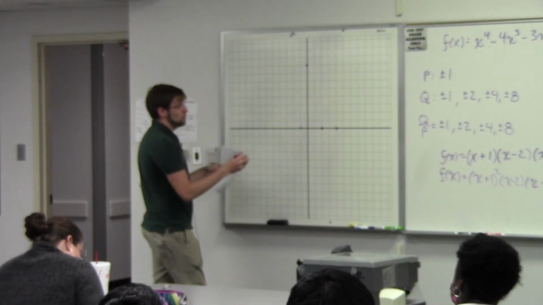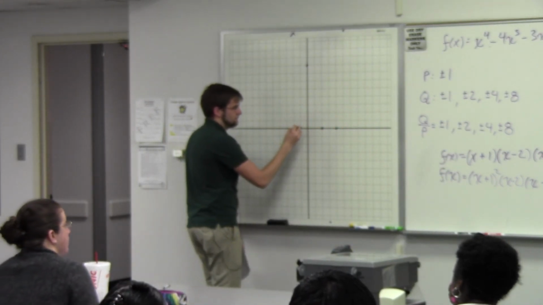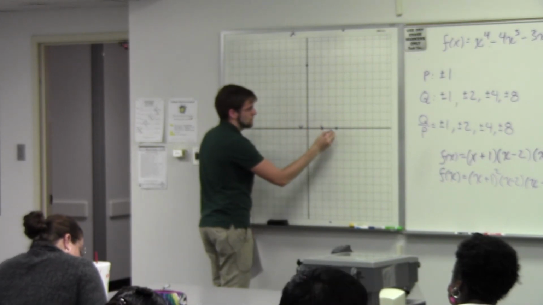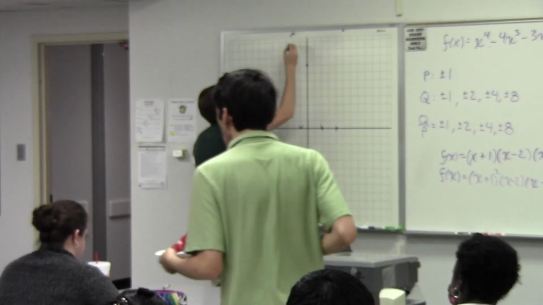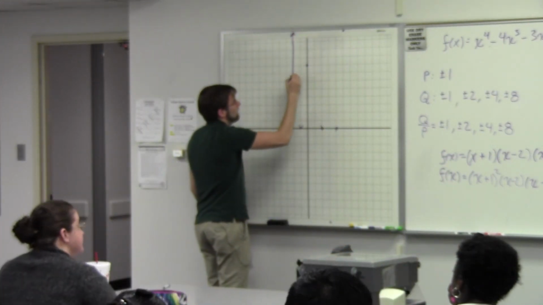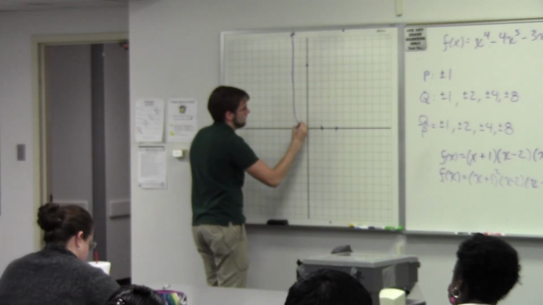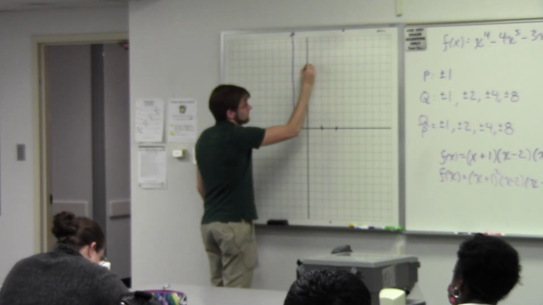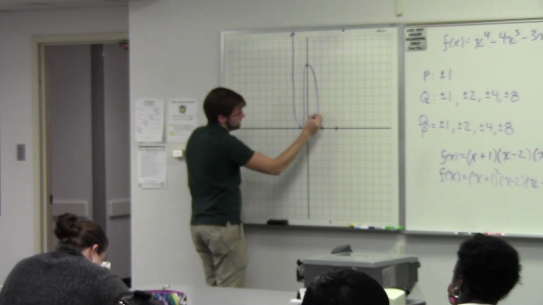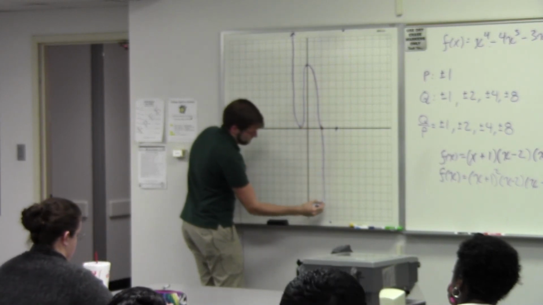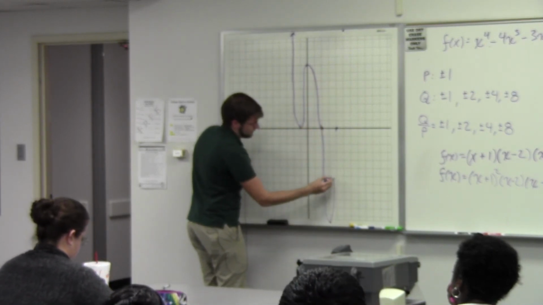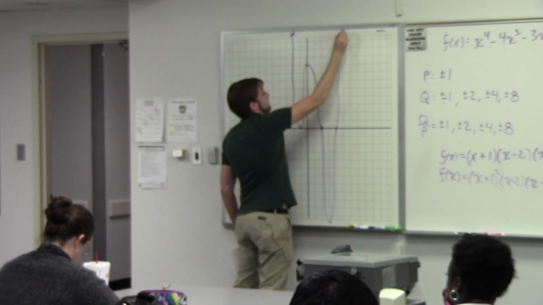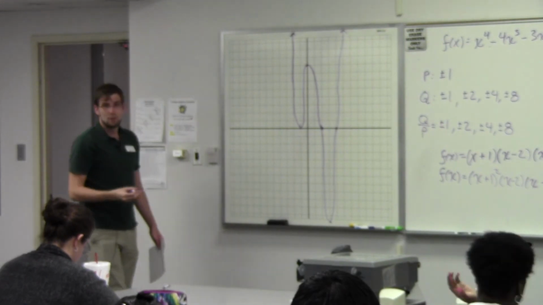And with multiplicity 2, I know it's going to bounce at this point. And then because these two are odd, it's going to pass through them. And behold my masterpiece. Something like that.